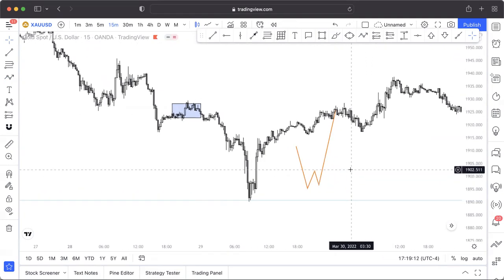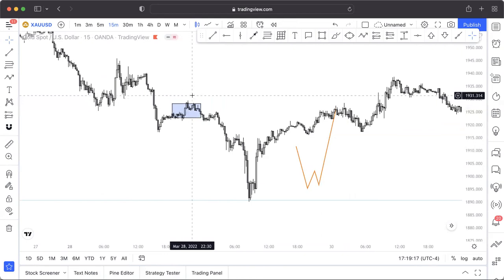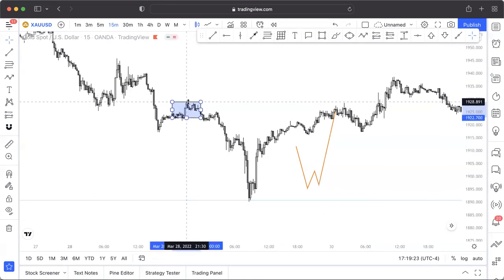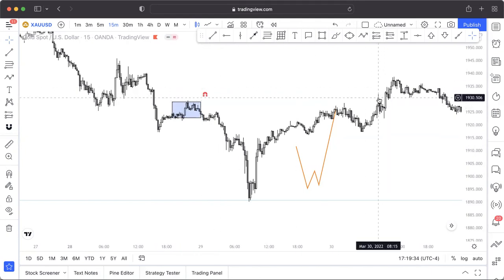But the main idea is if the high of the Asia range is not swept, then you would look at that as pretty much a magnet. It's technically the liquidity for you, and this will be pulling in the price, just a matter of time. And you can see here on the left side, it's already clearing the liquidity.